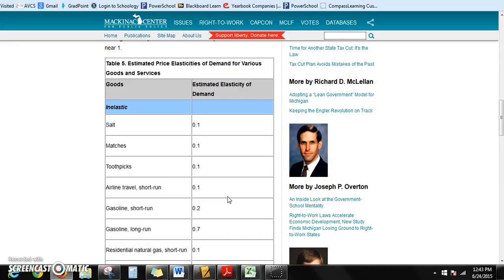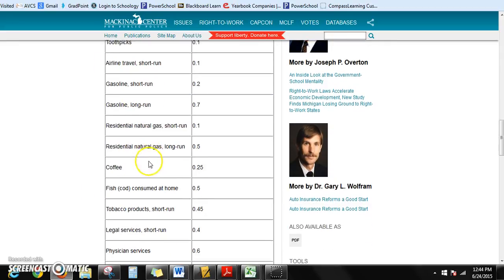So it makes the product inelastic. So when these are less than 1, the product is inelastic because either there's not a substitute for it, or maybe it's a really inexpensive item, or they don't do it very often, or for gasoline, you're going to have to buy it anyway.